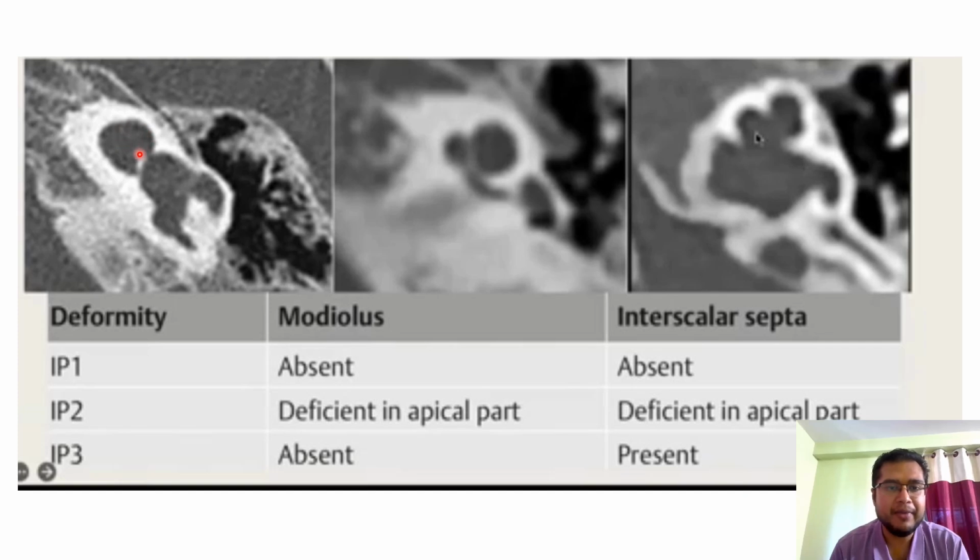In case of IP1, there is no modulus, and as such, the turns are not very well differentiated. But it is different from the common cavity. Why? Because we can see that there are two different cavities present, one anterior to the internal acoustic canal, which is the cochlea, and one posterior, that is the vestibule. The third type actually has a corkscrew appearance because of the presence of the interscalar septa.